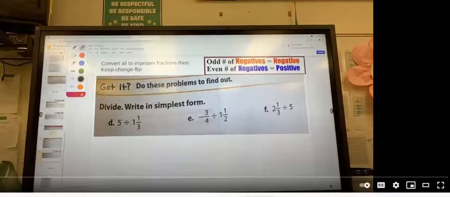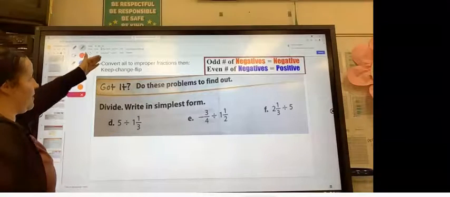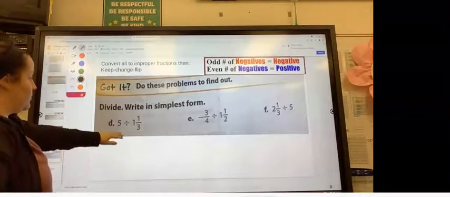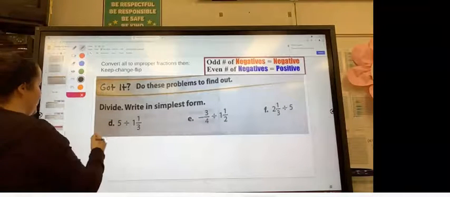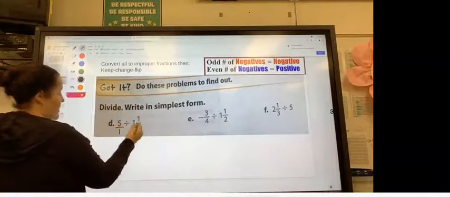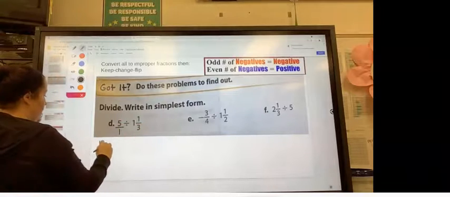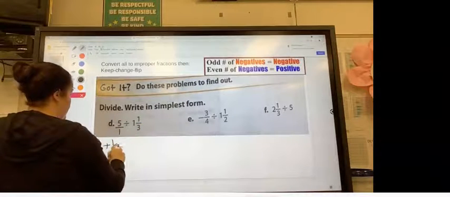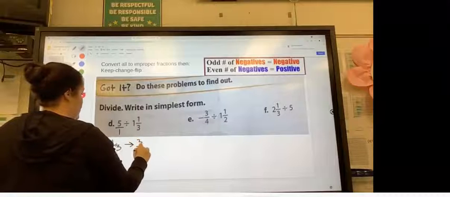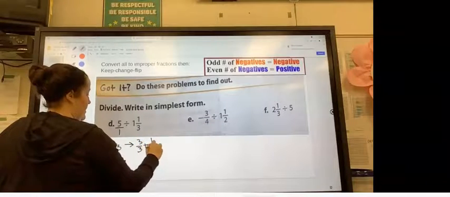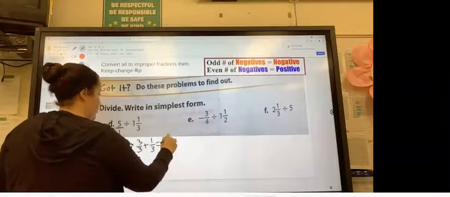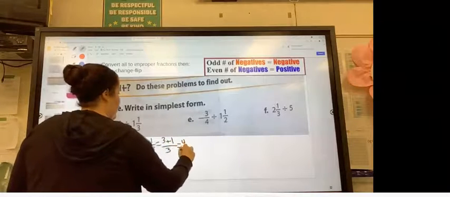Okay, to solve these problems, we have to convert all of them to improper fractions, and then we use our keep, change, flip method. So first, 5 is just 5/1, right? And then 1 1/3, well, 1 plus 1/3. 1 is 3/3, plus 1 over 3, which equals 4 over 3.